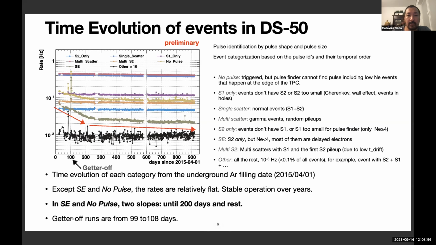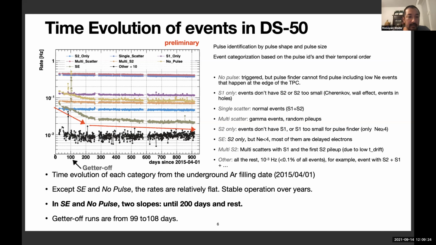Okay, so here is the time evolution of events in DarkSide-50. We categorized all of the events, put them into categories, and plotted them. Day 0 is when we filled the liquid argon, underground argon, and this spans over 900 days.